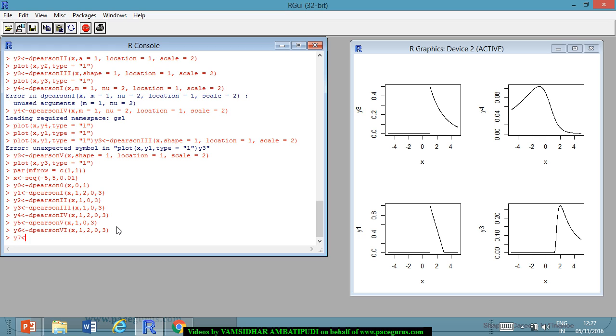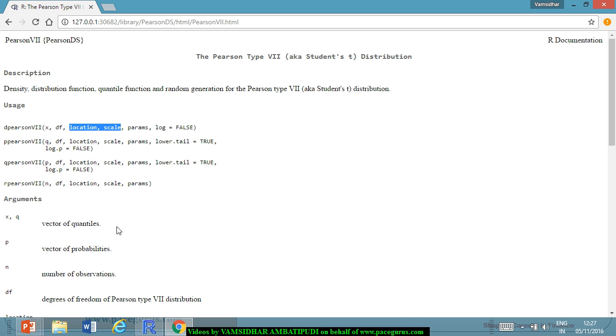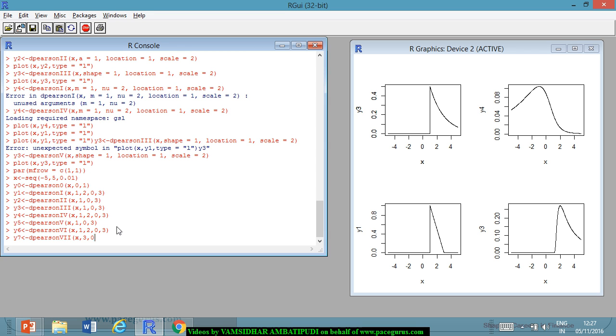And when it comes to y7, where I'm looking at the t distribution, I'll take it as dpearson7, wherein I'm considering the degrees of freedom. Let's say I'm considering 3 degrees of freedom, and I have a location and a scale. So location is 0, scale is 3.